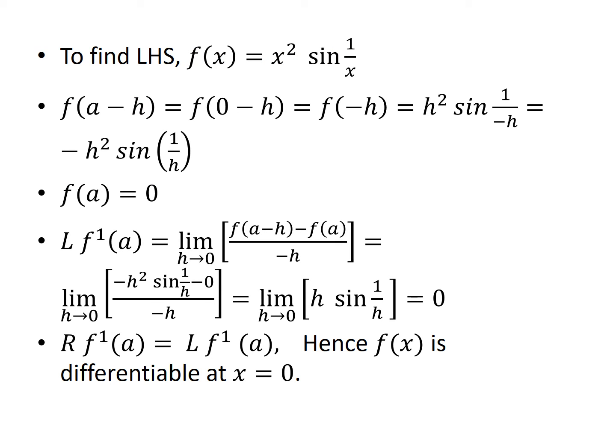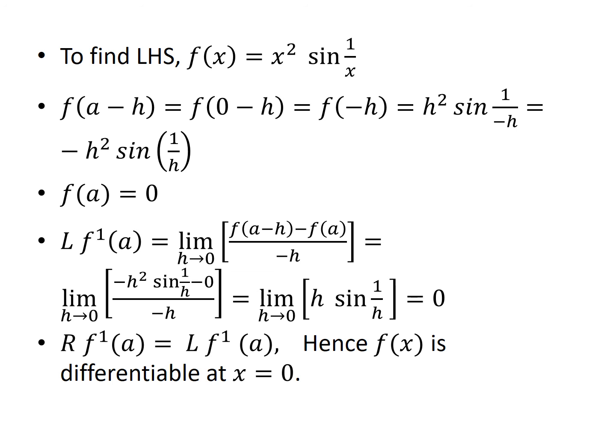And to find the left hand limit, f of x equal to x square sine 1 by x. So f of a minus h is equal to f of 0 minus h equal to f of minus h, and it is defined as h square sine of 1 by minus h, which is equal to minus h square sine 1 by h, because sine of minus theta is minus sine theta.